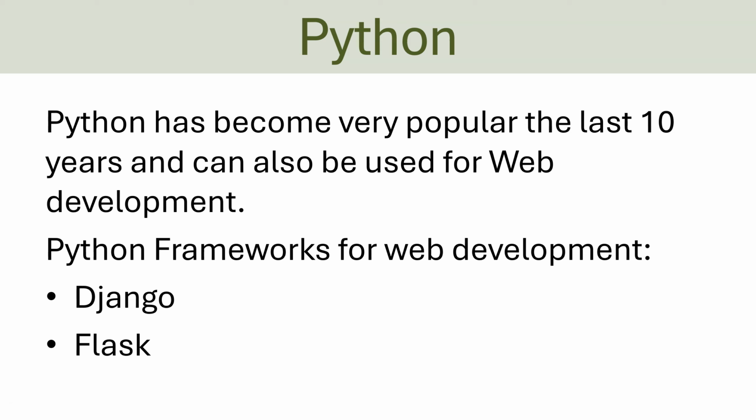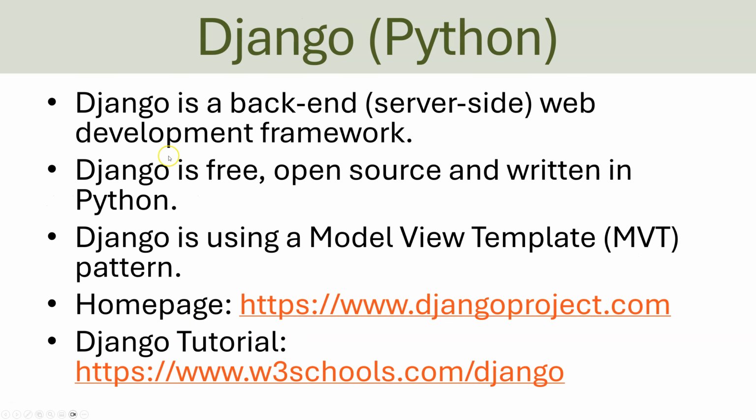And also, if you prefer Python, there exist different Python frameworks for creating server-side web development applications. Two of the most popular are Django and Flask. Django is a back-end server-side web development framework, and Django is free to use, just like Python. It's open source and written in Python.